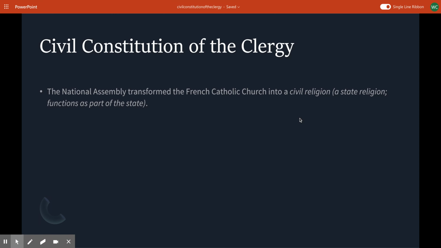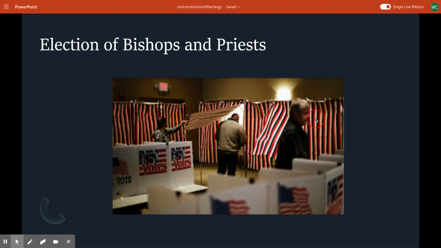So the civil constitution of the clergy is next. The point of the civil constitution of the clergy is to transform this French Catholic Church into a civil religion, a state religion, not a religion that has privileges from the state, but a religion that functions as part of the state. There are several key ingredients in this civil constitution. First of all is the election of bishops and priests.